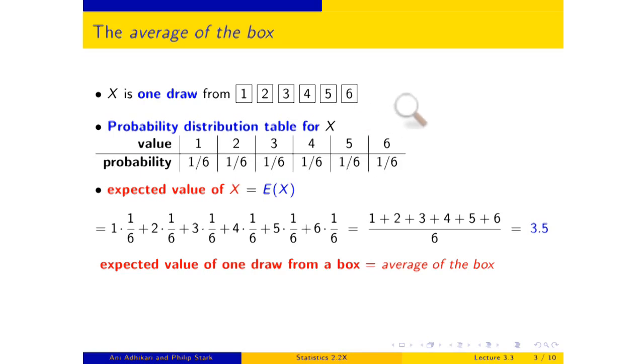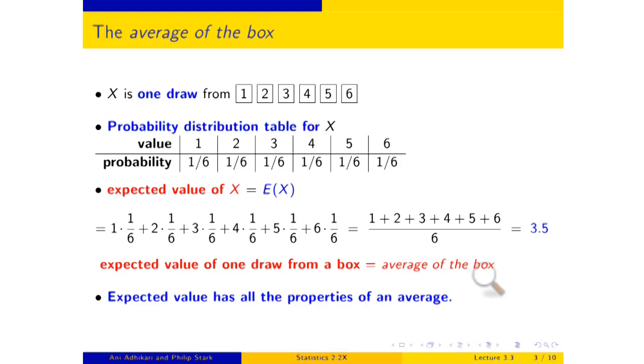So you pull a ticket at random out of any box, the expected value of that random quantity is the average of what's inside the box. And so the expected value is in fact a simple average, and therefore it has all the properties of averages, and those you understand very well.